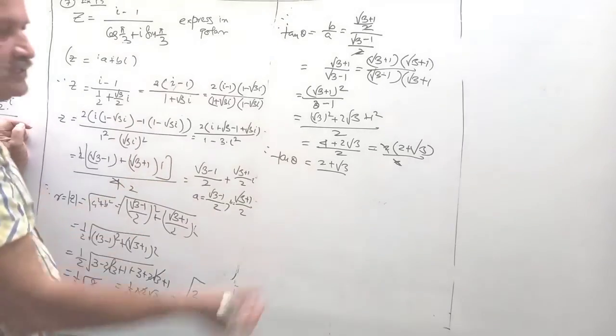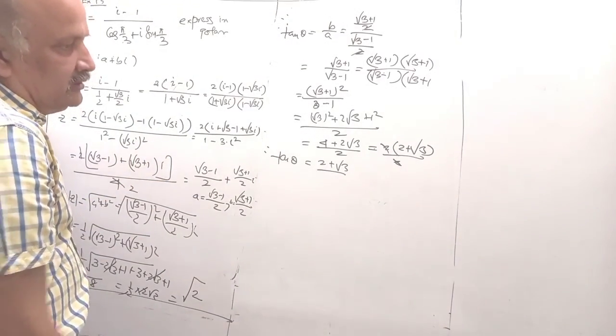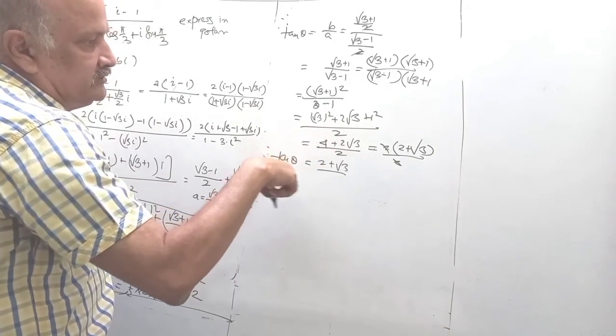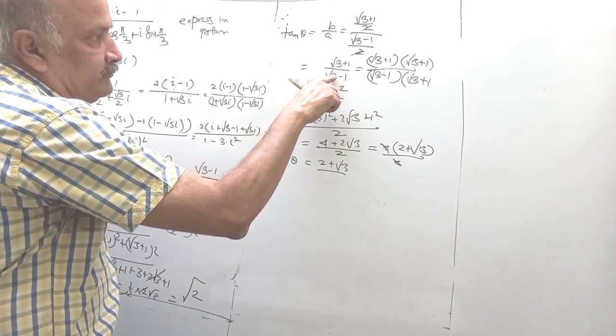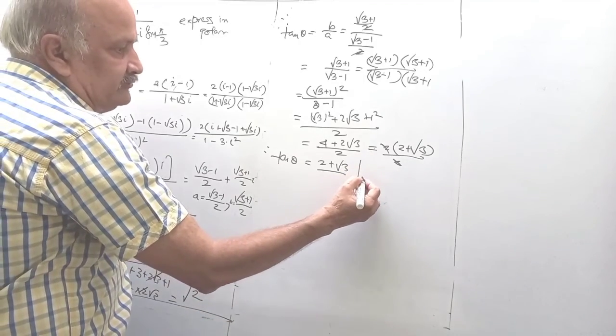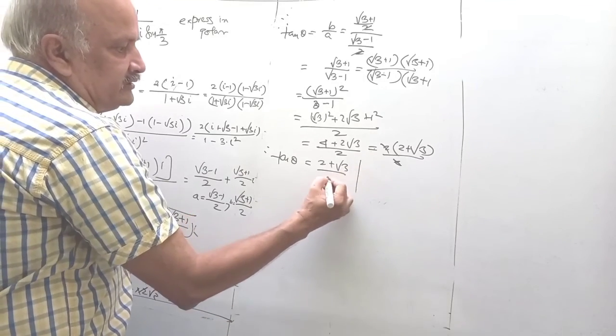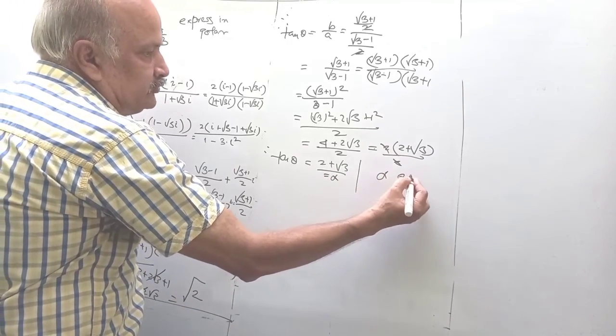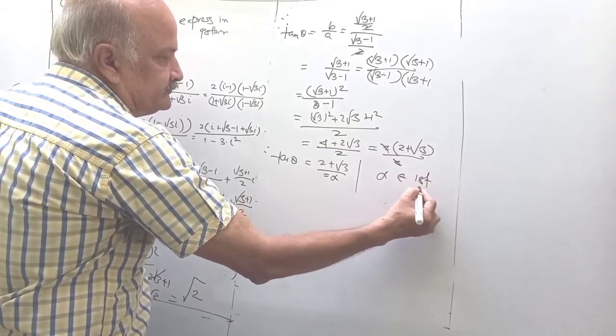Remember, it is not a standard value. All are positive numbers, because you see a is also positive and b is also positive. Let this value be alpha. Alpha belongs to the first quadrant.